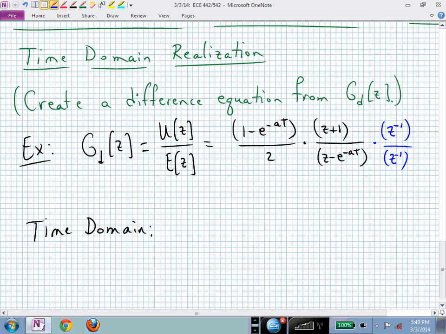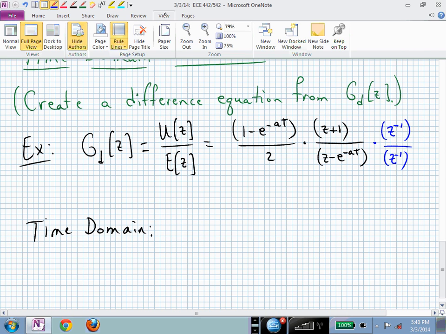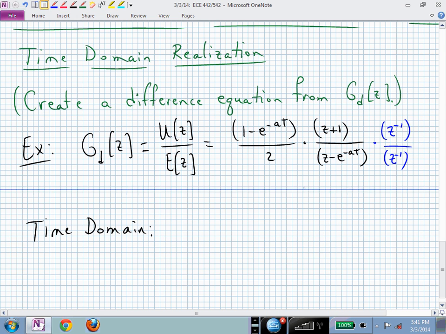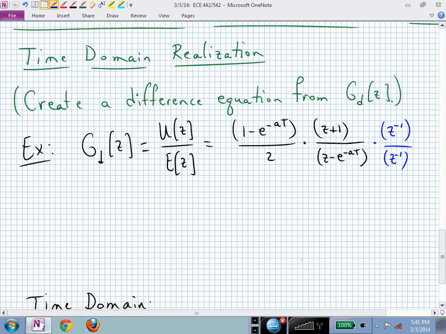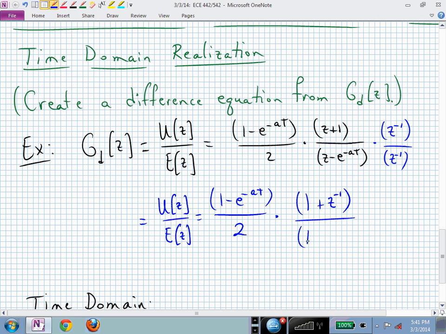I'm going to really frustrate you now, aren't I? I'm going to cut my paper and paste it back together with a little space in between. But you can quickly erase time domain and write it further down. We can now say that U of z over E of z is this, 1 minus e to the minus AT over 2 times 1 plus z to the minus 1, over 1 minus e to the minus AT z to the minus 1.